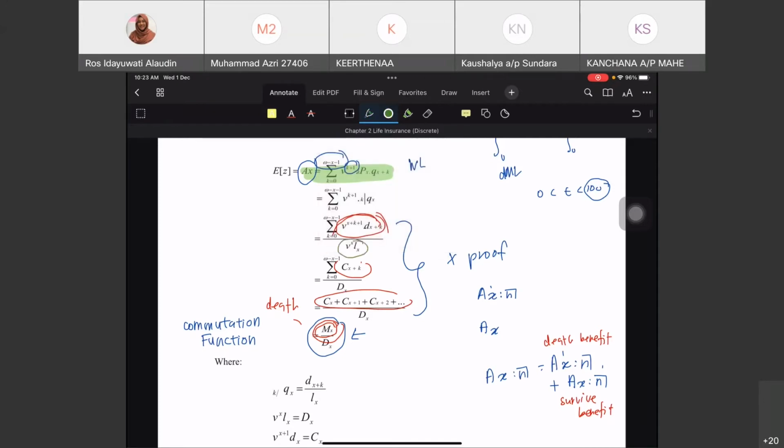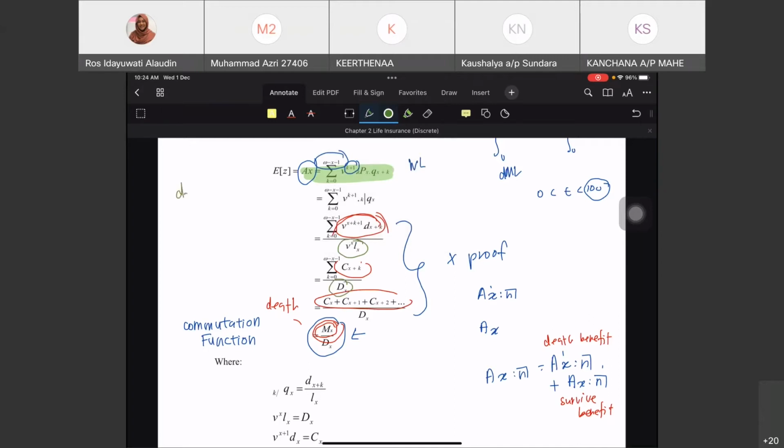However, the LX is the number of survivors times the discounted function. So it becomes the big DX. So big DX is not equal to the small dx.